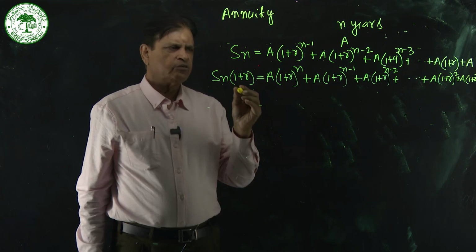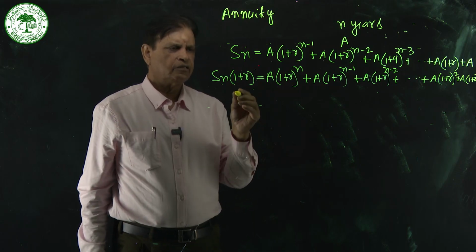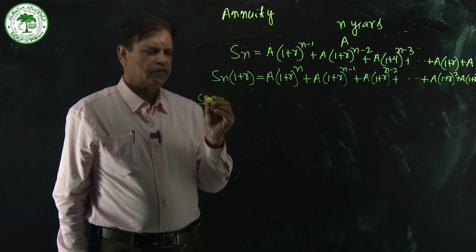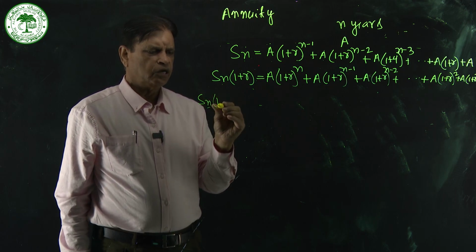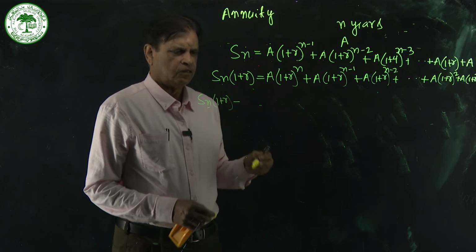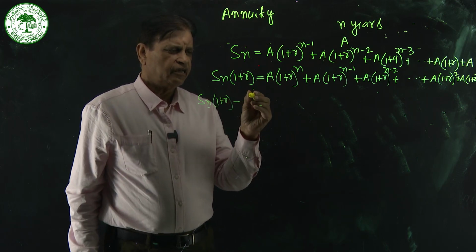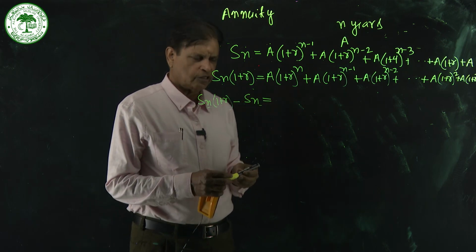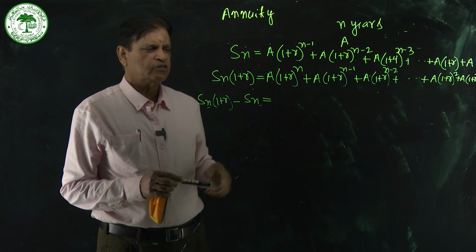Now you will take the difference between the two. So we'll write here Sn(1 + R) minus Sn, the difference between this one and this one.